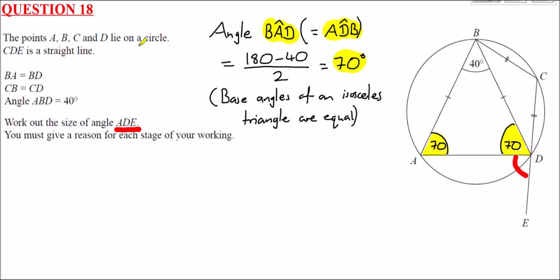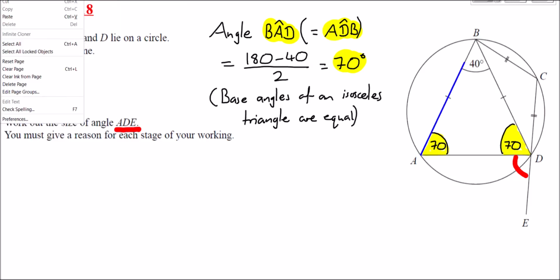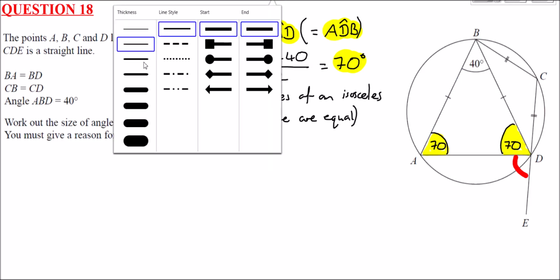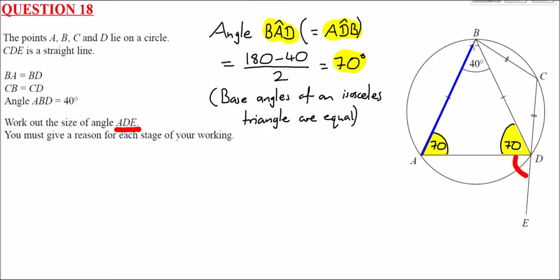Now, the other thing we need to mention is that A, B, C and D all lie on a circle. So in other words, A, B, C and D, 4 points around the circumference. So what we can say here is that these make a cyclic quadrilateral. And there's a property of cyclic quadrilaterals we need to know. So ABCD is a cyclic quadrilateral.